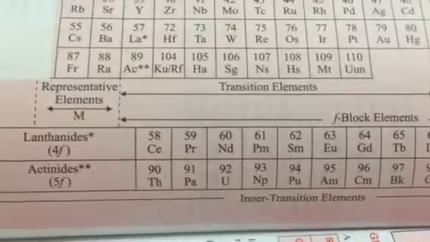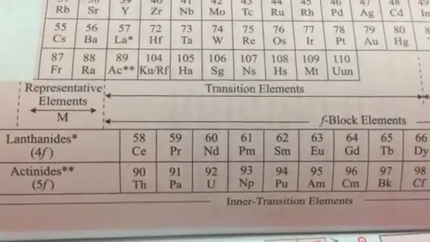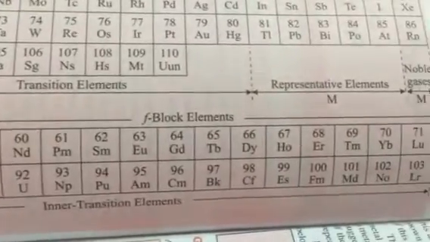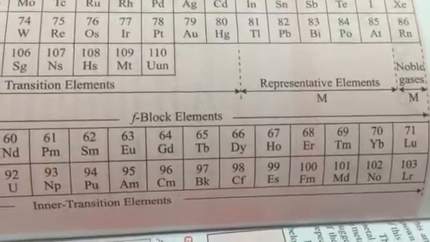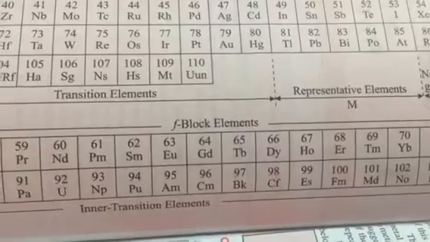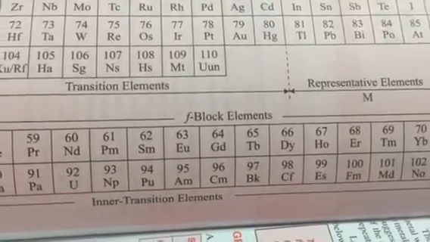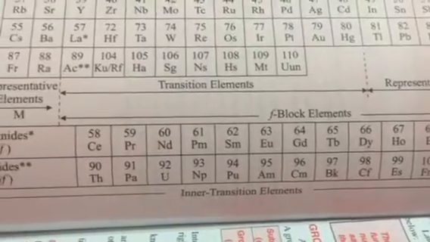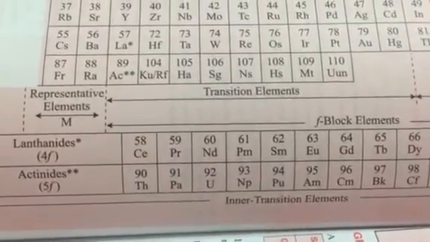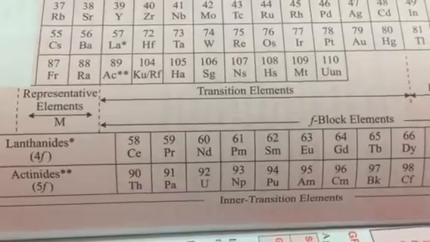The actinides stretch from thorium, atomic number 90, to lawrencium, atomic number 103. So they are basically present within the transition elements, but they have been kept beneath the periodic table to avoid overstretching of the periodic table.